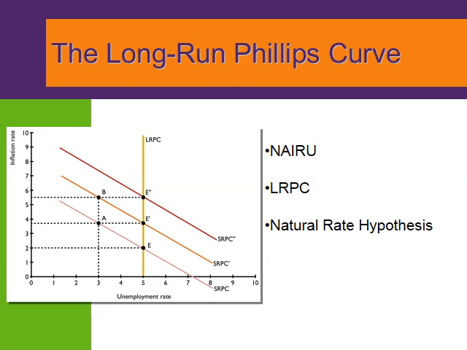The natural rate hypothesis says there is a natural rate of unemployment in the economy, and it is the level of employment the economy needs in order to avoid accelerating inflation. It's also the point at which, remember, there is no cyclical unemployment, and so we say that the two are the same thing, right?